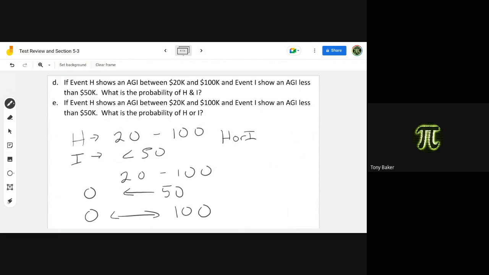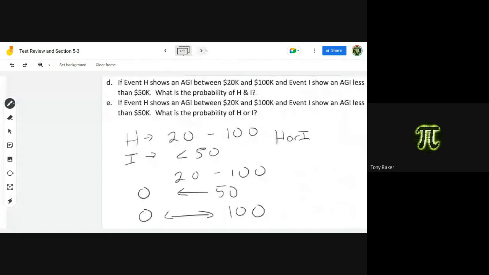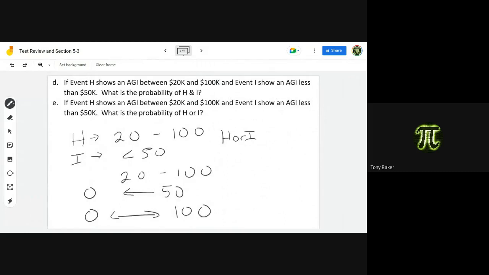So in this case, it's actually the exact same thing as saying less than 100, which we already did. So in this case, we'd be adding up anything less than 100. Okay, so D and E are asking me to make sure you understand and or.